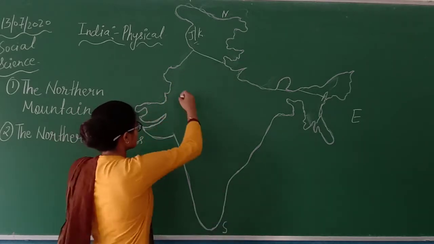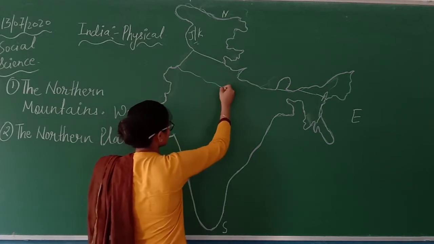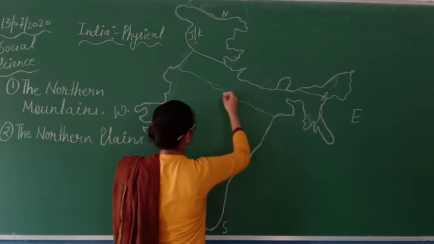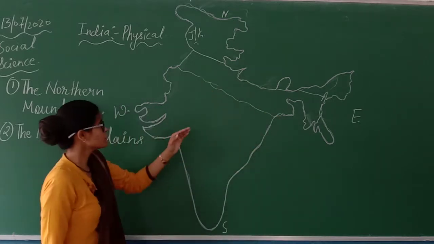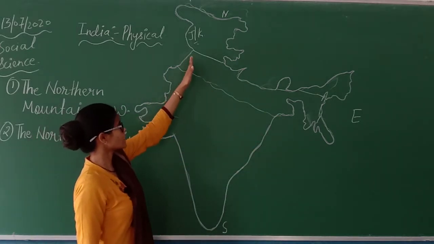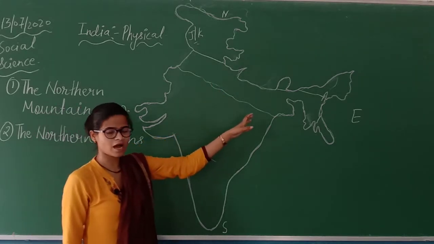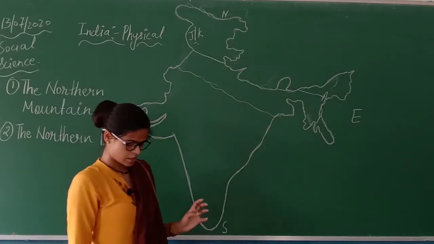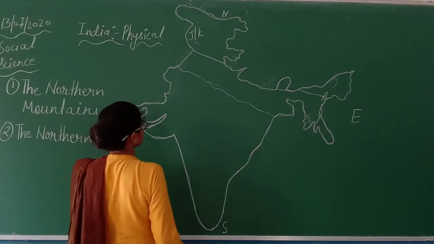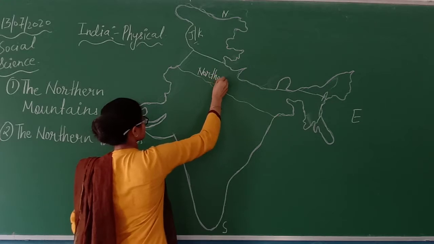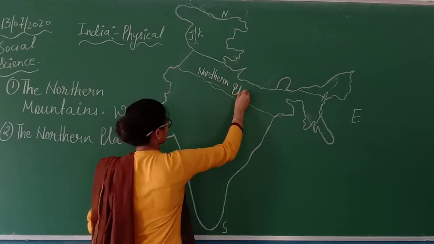So from here we have the Northern Plains. All these parts, that means your Punjab, Haryana, Delhi, Uttar Pradesh, then Bihar, all these parts come under the Northern Plains.